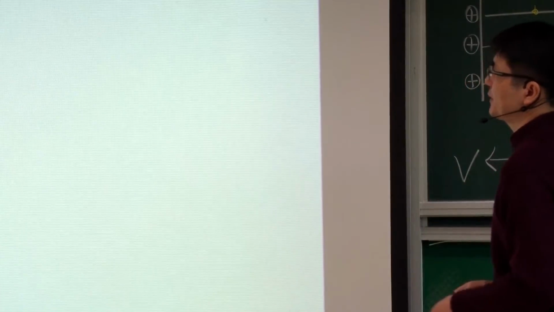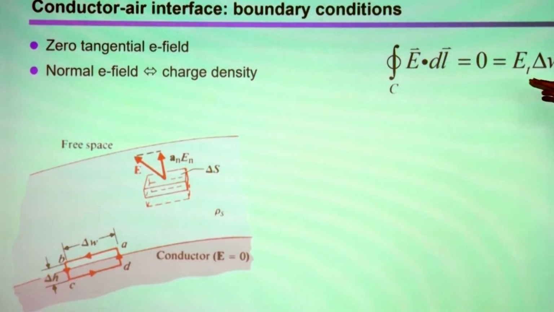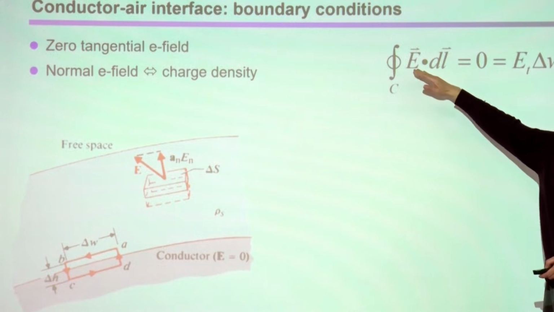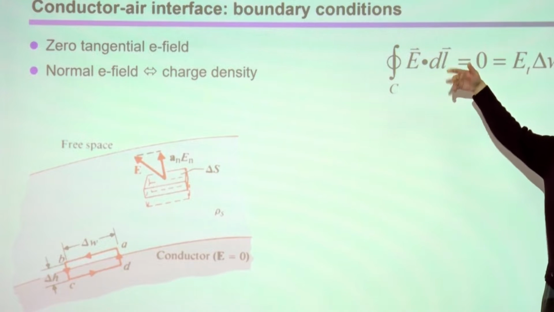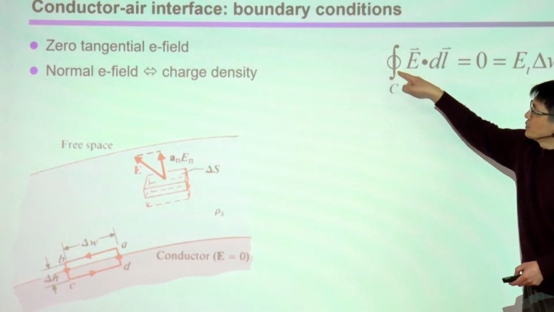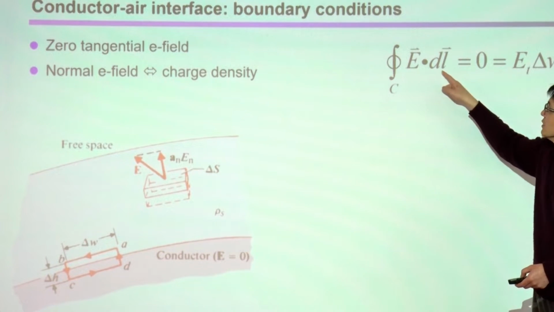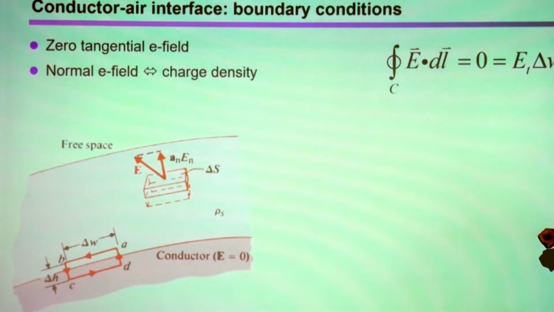Even at the surface, it's not allowed. This comes from curl of E equal to 0. The integral form is that a closed loop integration of E is 0, if you have a closed loop.